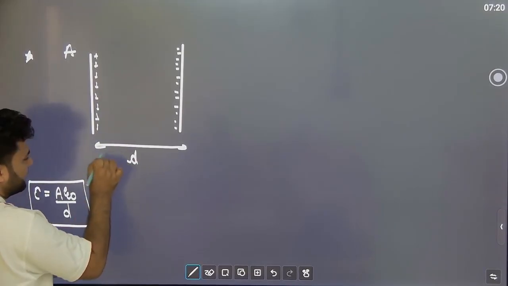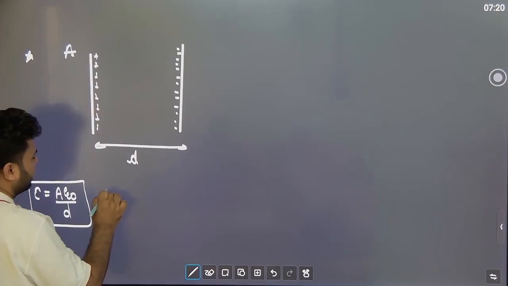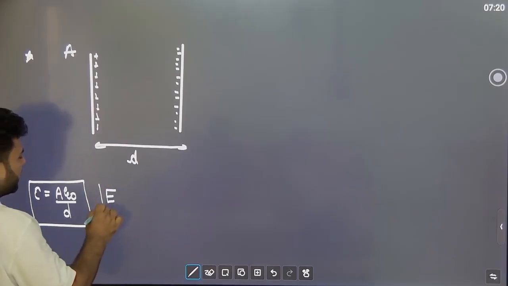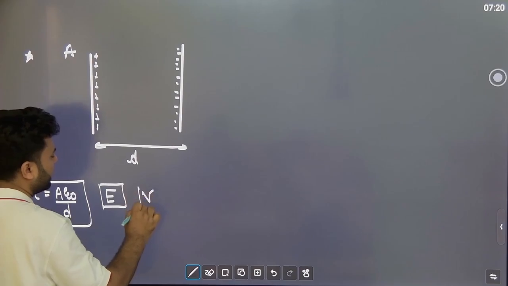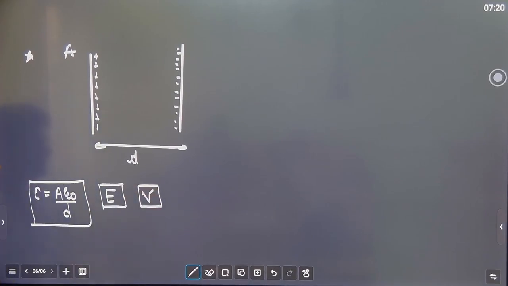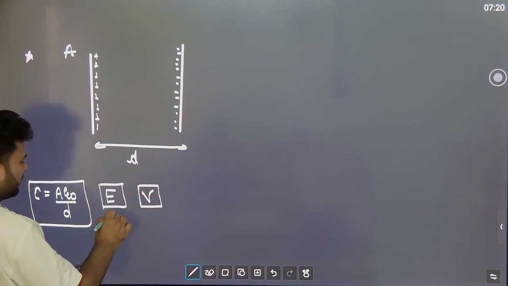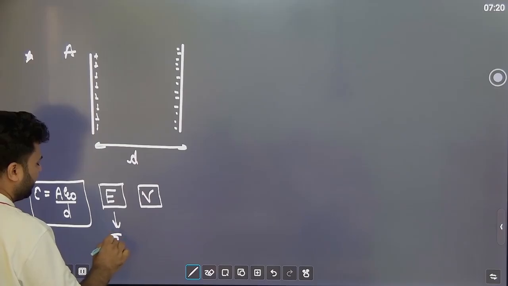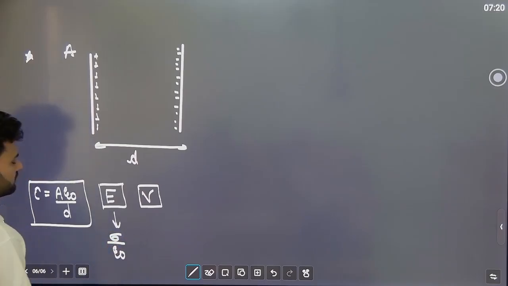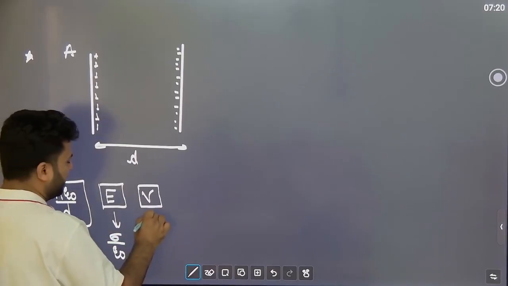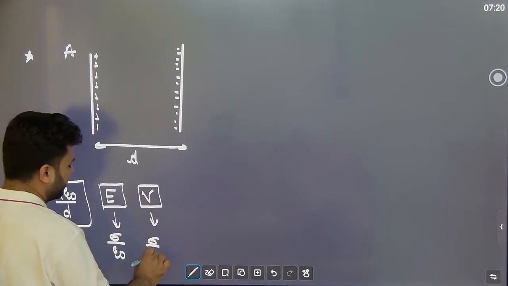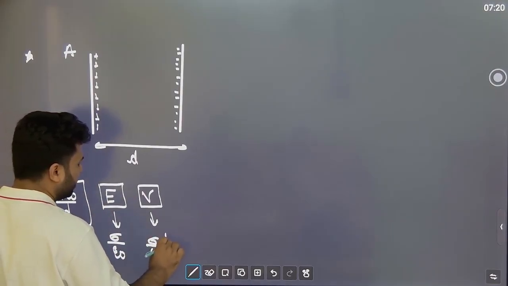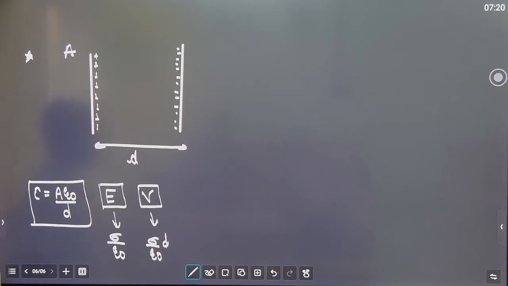They tell that the electric field is E, and that the voltage difference between the plates is V. As I gave you this formula also, the electric field is sigma by epsilon naught, and voltage V equals electric field multiplied by distance, that is sigma by epsilon naught multiplied by distance.